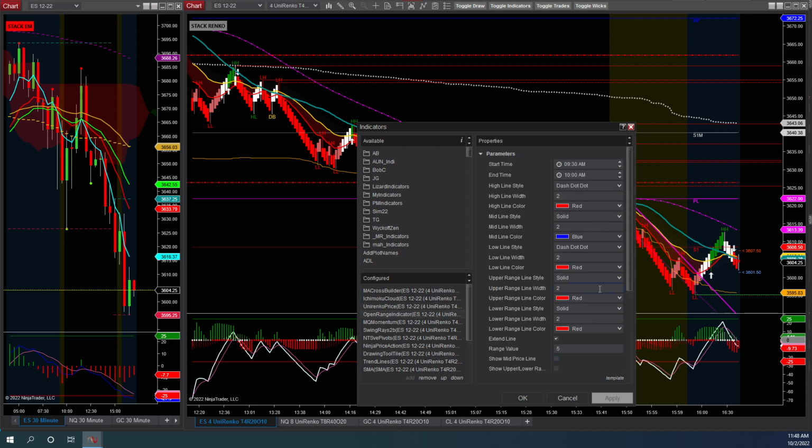The open range indicator here is for the ES, and I also use the same one for NQ. The market opens at 9:30, and then I consider this one 10:34. For GC, I use 8:20, and then I do 8:40 or 8:50.